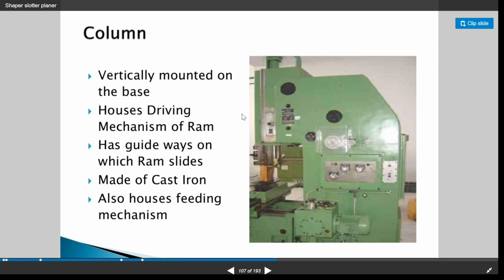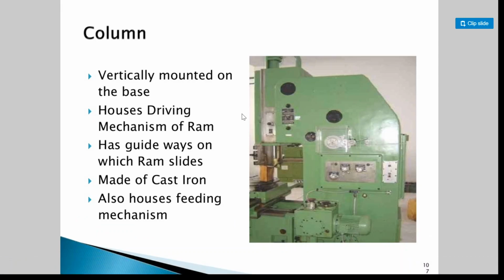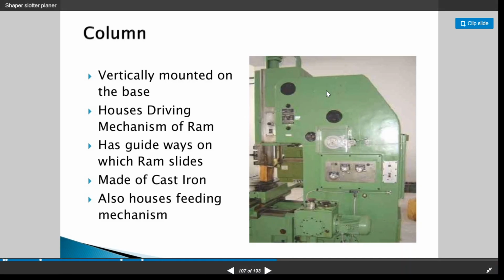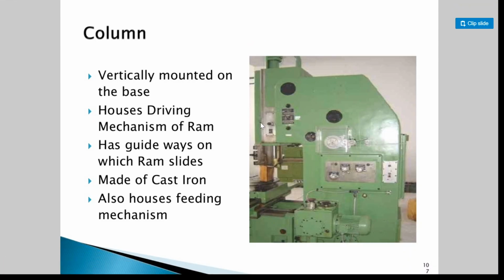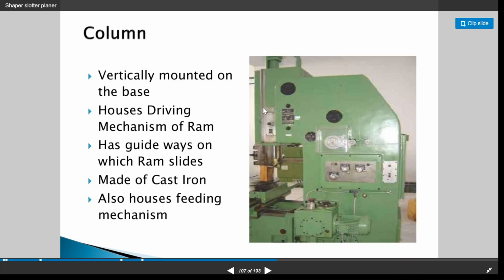So in this video, I would like to explain the different important parts of a slotting machine. This photo shows the column of the machine. This is a vertical column of the machine, and it consists of a guideway in front of this column.